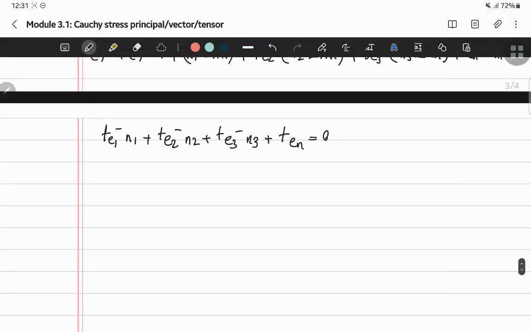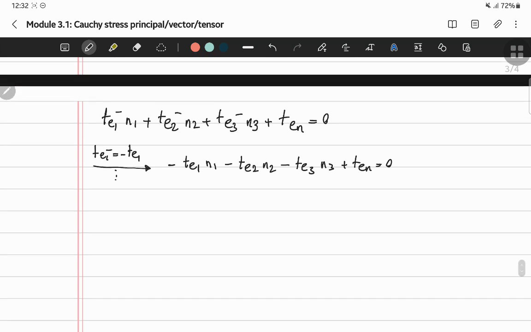So I can rewrite this, since t e minus 1 is equal to minus t e1, and the rest. So we can write this as minus t e1 n1 plus, sorry, minus t e2 n2 plus t e3 n3 plus, sorry, this is minus ten is equal to 0.